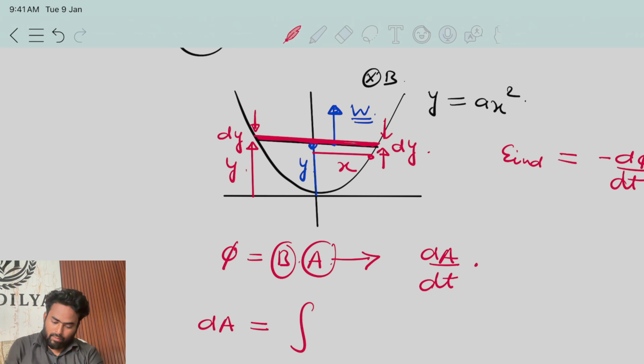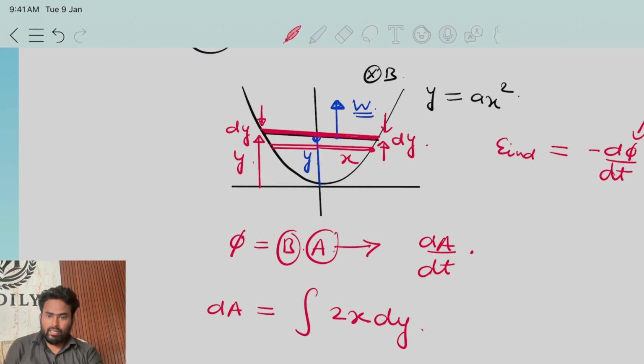So this can be assumed as a rectangle. If this side is x, this side will also be x. So what will be the total length? 2x. So 2x, and the width will be dy. So 2x into dy, that will be our elemental area.